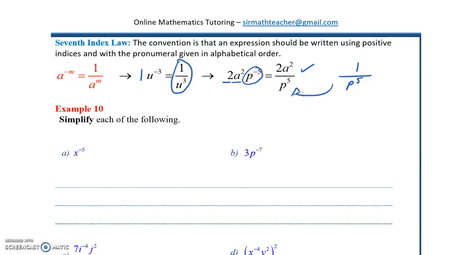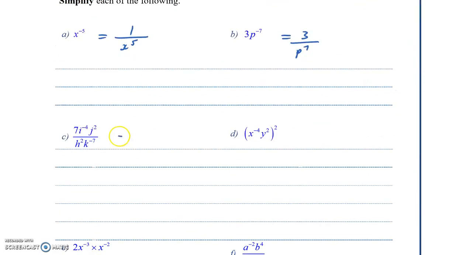So question A from example 10. x to the negative 5 is 1 over x to the 5. 3p to the negative 7 is 3 over p to the 7. In question C, we might identify which powers are negative, which is this one and this one.